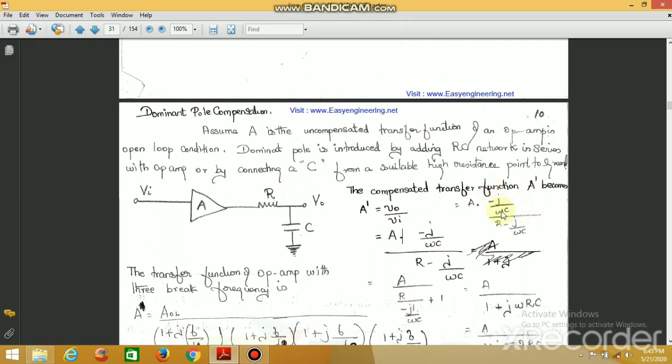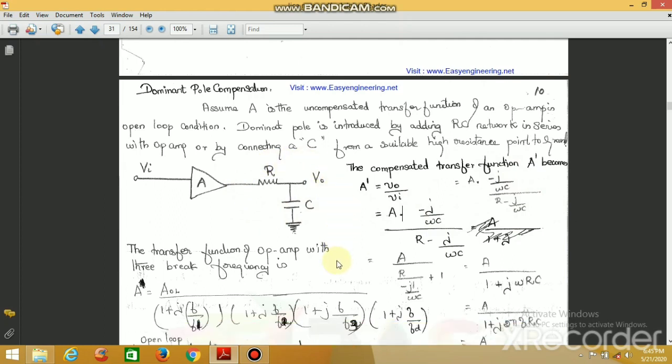The numerator is because of the capacitance, and the denominator R minus j by omega C is the combination of R and C. When we further solve everything, in the final answer we will be getting A dash is equal to A divided by 1 plus j omega RC.